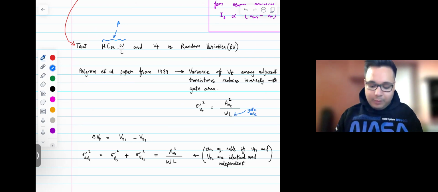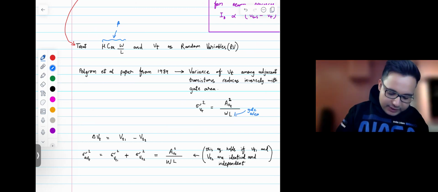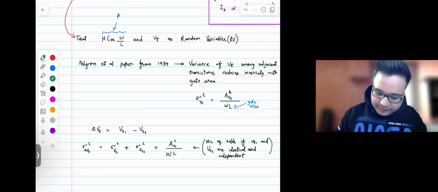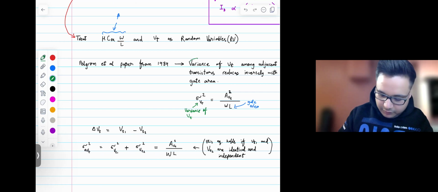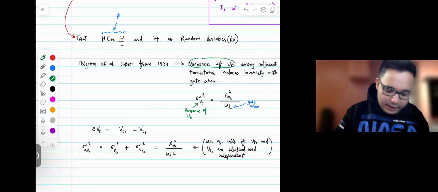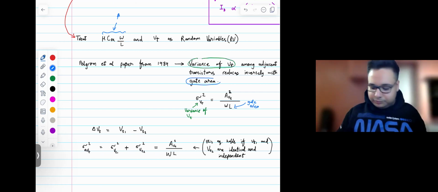So that's, again, a mouthful, but this term is the variance of VT. Variance of the threshold voltage. And that's this term, okay? And the gate area is this term.